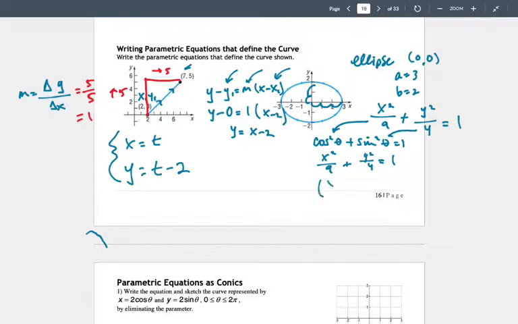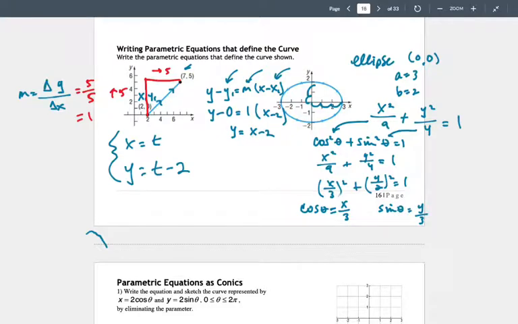And then think of that as x over 3 squared plus y over 2 squared equals 1, which means that cosine of theta equals x over 3, and sine of theta equals y over 2.